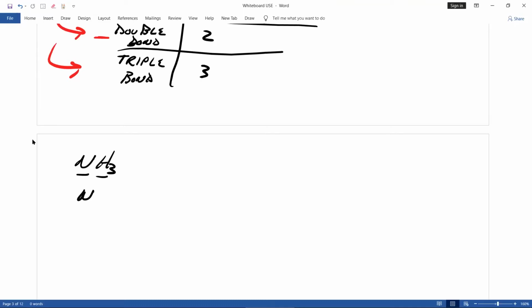I will tell you, and you can find this out, nitrogen has 5 valence electrons, hydrogen 1. I'll give you a big hint, nitrogen is in the center. And it's your turn. Draw the Lewis structure for ammonia. 3 points each.